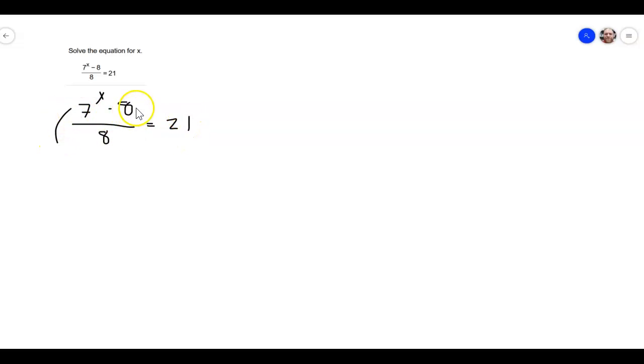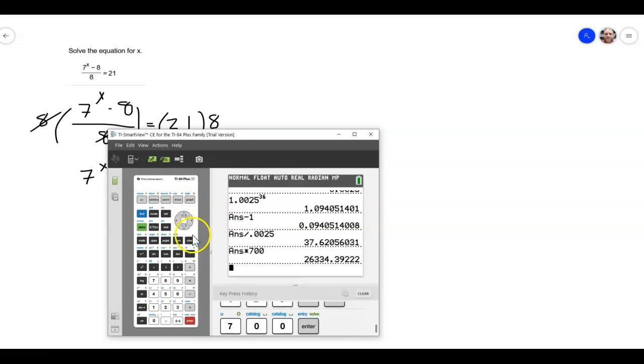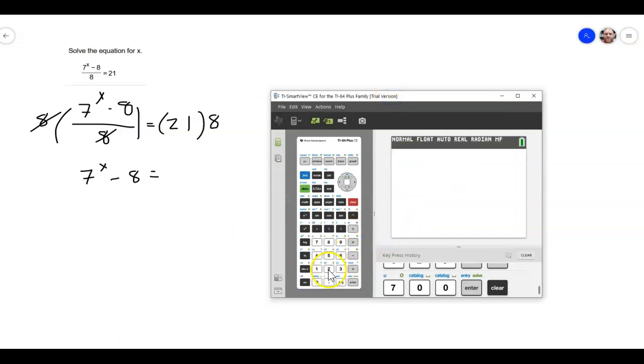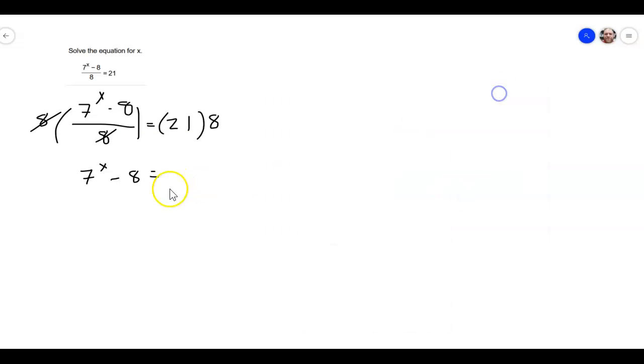So if I multiply both sides by 8, that will cancel out those, and I'm going to get 7 raised to the x minus 8 is equal to 21 times 8, which is 168.